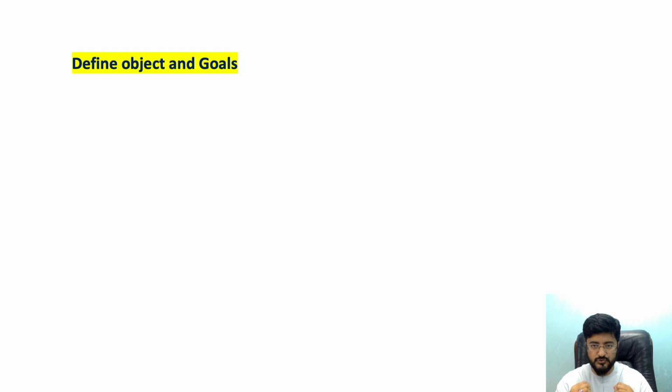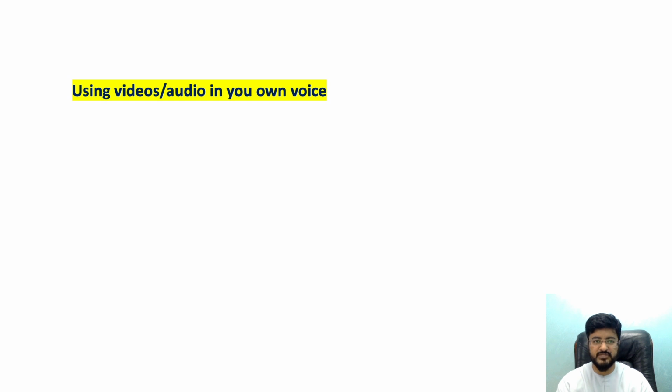You will be able to use them as a guide to move forward. Use videos and audios in your own voice, so students will feel more like they are in a classroom, feeling like they are directly interacting with their teachers even in their absence, if you record a video in your own voice.